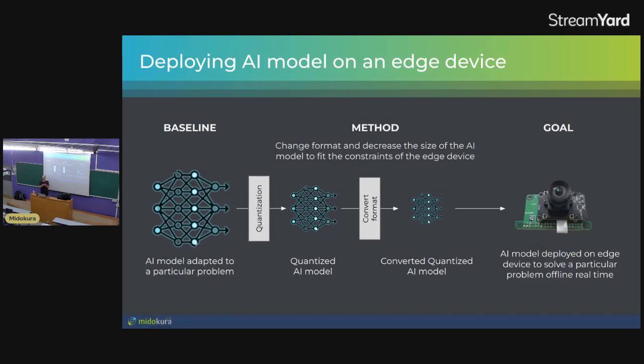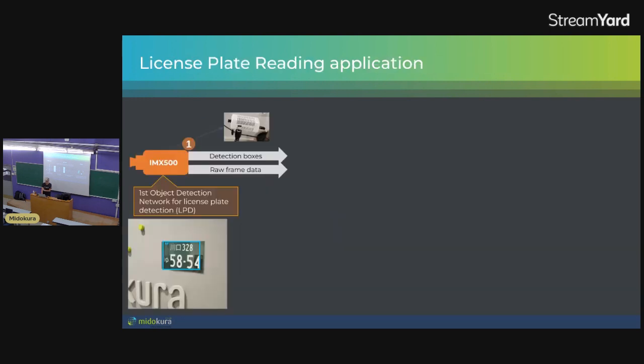So instead of using real numbers, you use integers, and the size of the model is much smaller. There is usually a loss in performance, but with the techniques we apply to quantizing, we try to minimize this loss. Then we also convert the model to fit the format that the device needs, and then we can finally deploy it.